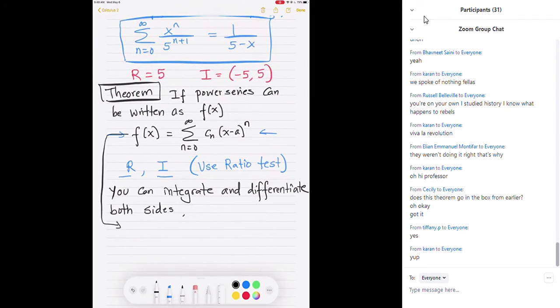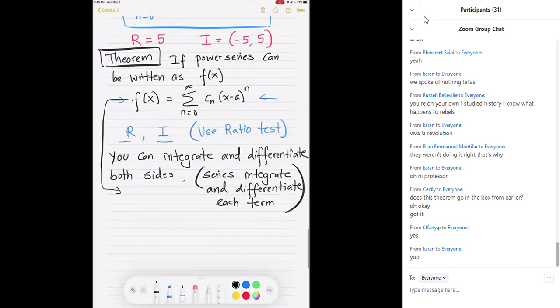I know how to take the derivative of the function. What about the series? Oh, they're saying for the series, just integrate and differentiate each term. That is what they call term by term. Just integrate and differentiate each term. This is called term by term integration and differentiation.